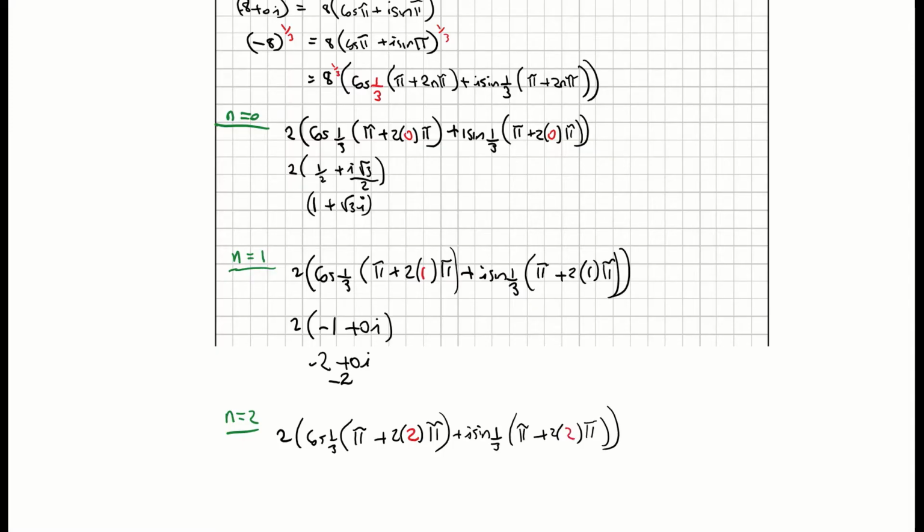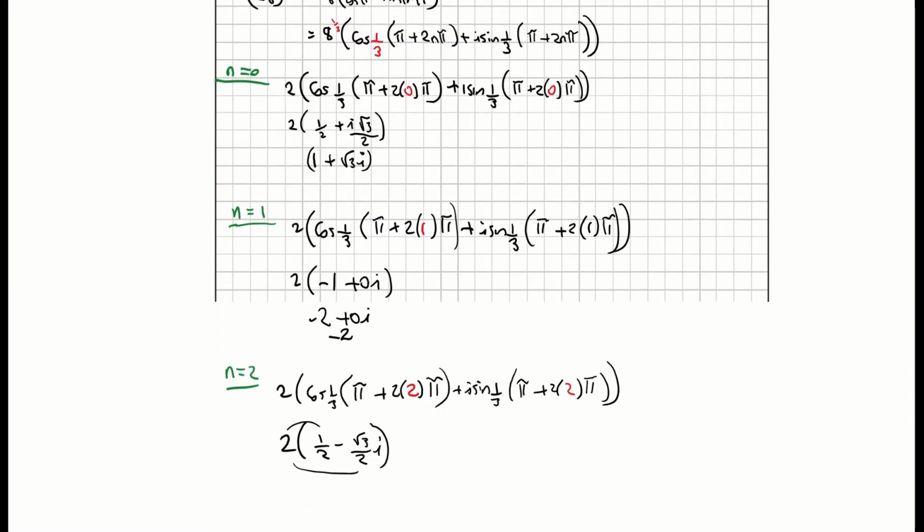And that is going to give me 2 times, when I go to my calculator again, just make sure it's set in radians, it's giving me a half minus root 3 over 2. And when I multiply in my 2, that's giving me 1 minus root 3i.